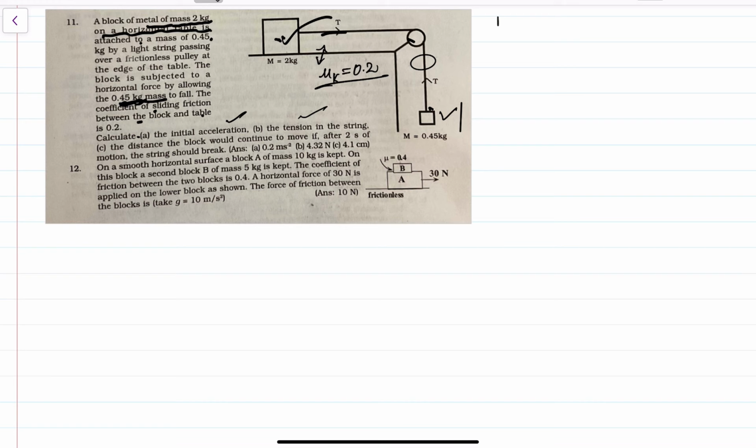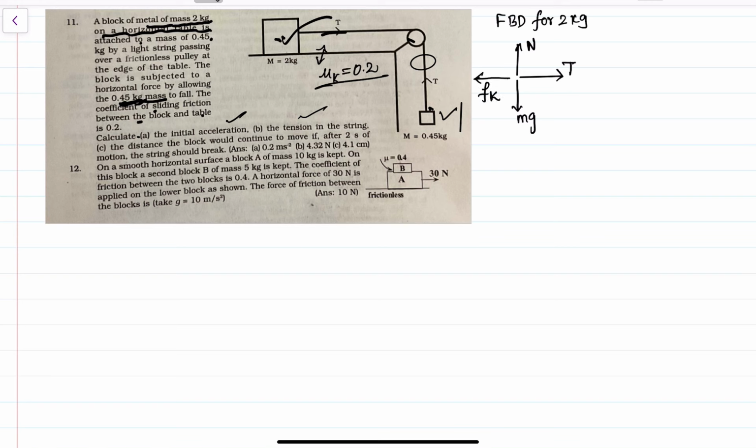I am drawing the free body diagram for 2 kg. What are the forces acting on it? One is the normal force, another is the gravitational force, and one more is the tension force, acting on the right side. So the friction force acting in this case is on the left side.